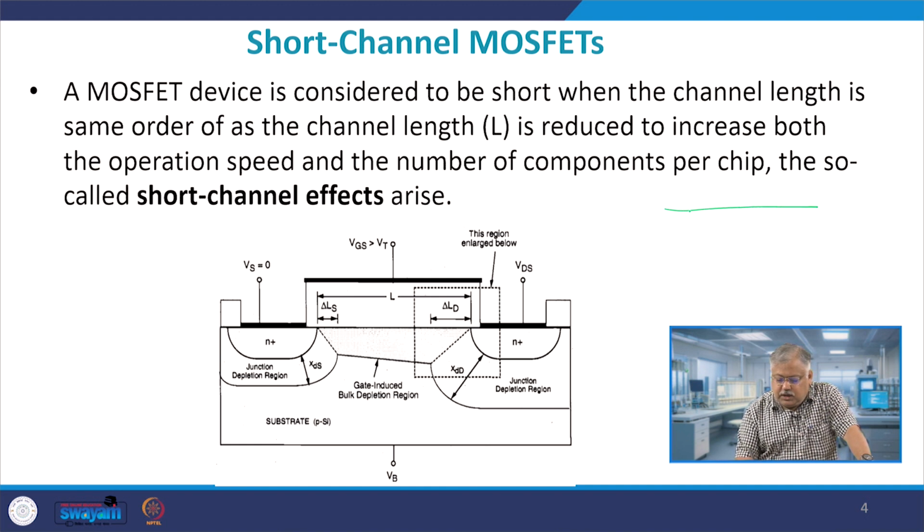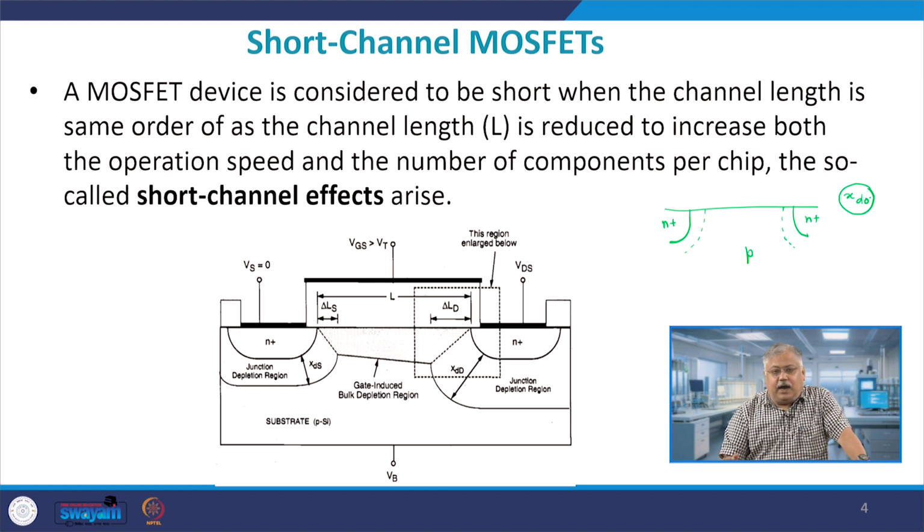If this is my device, this is my n plus, p, n plus. Now, there will be a depletion region here and there will be a depletion region here even without applying any bias, right. This depletion width we can refer to as XD0, and this is basically the depletion width under no bias condition or zero bias condition.